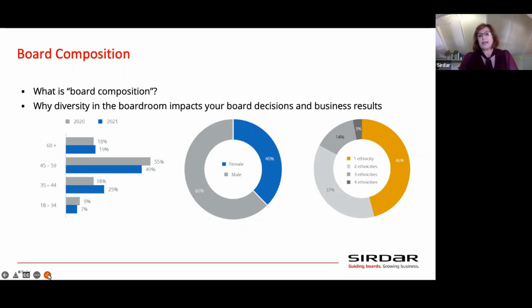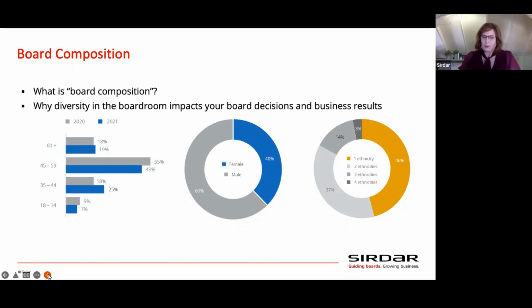And we can see the same findings when we move across to ethnicity. We've seen an improvement there. 46% of boards still have only one ethnicity represented, but there's certainly a far greater percentage of boards now that have more representation.